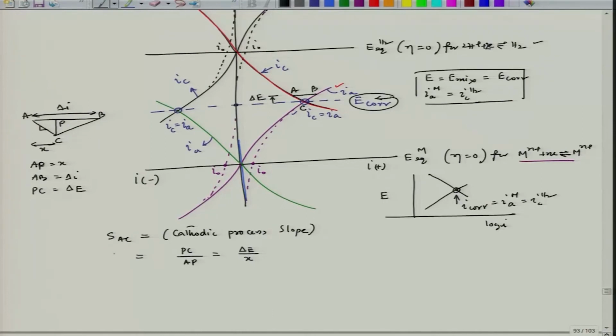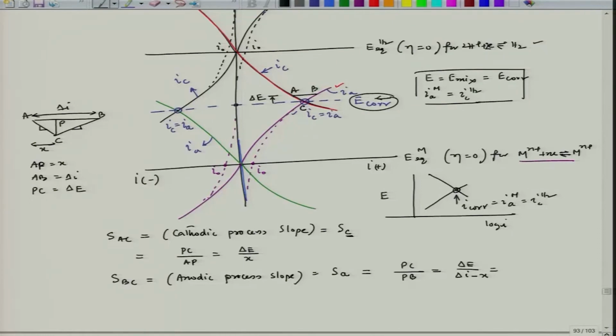Similarly, I can have a slope of this line BC, which is the anodic process slope. So, I can write it as SC, C means cathodic, and this I can write as SA, this means anodic. So, this becomes PC divided by PB, which is nothing but del E divided by del I minus x.